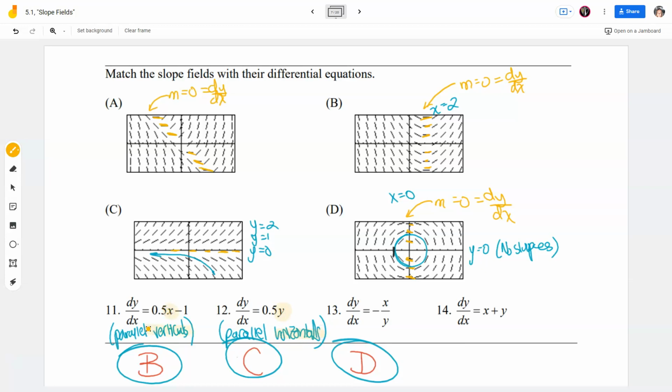So how does 14 match A? Anybody have a reason besides it's the last letter and the last number? Lucas. I just looked over the slope, which was 0. Uh-huh. And so it's like, it'd be when the x and the y are opposites, like the same number, but one's negative, one positive.